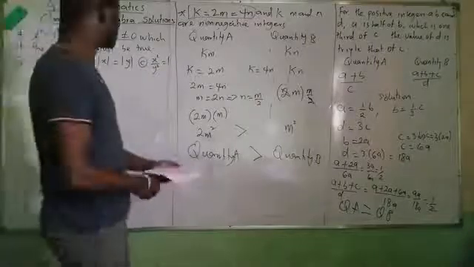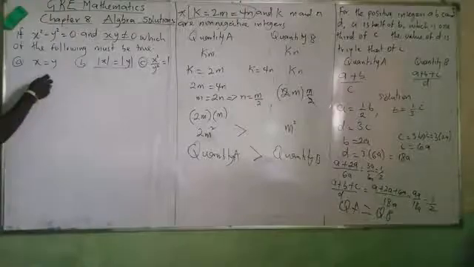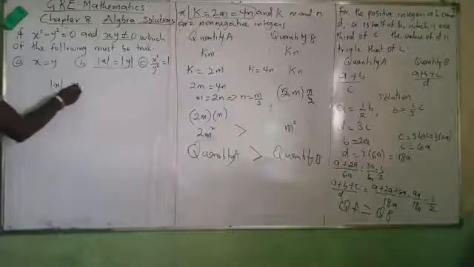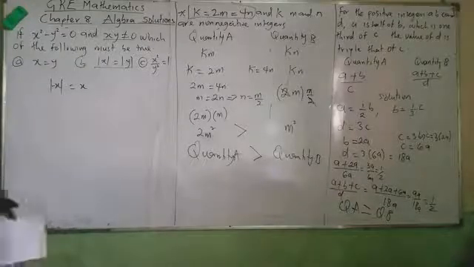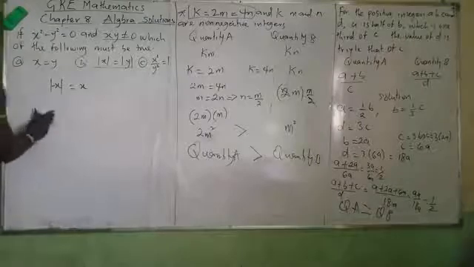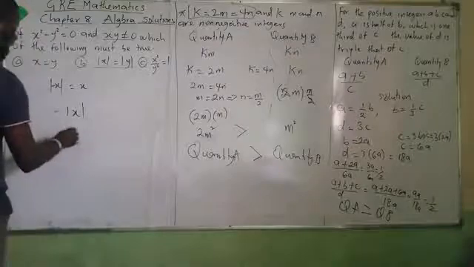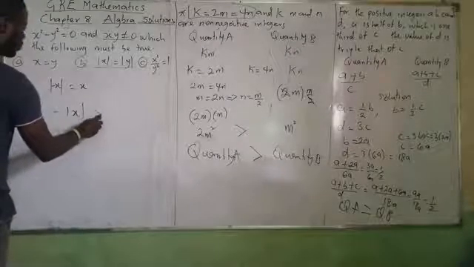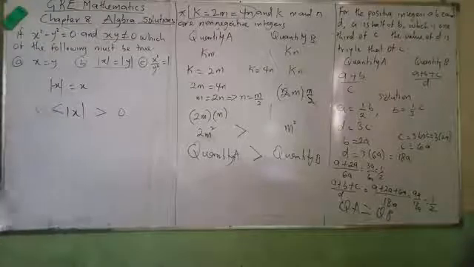Now, take note of this particular statement. When you have the absolute value of a negative number, it becomes what? Non-negative. That's what we need there. In a normal way, the absolute value of x equals x when x is greater than or equal to 0, and minus x when x is less than 0. Please take note of that.